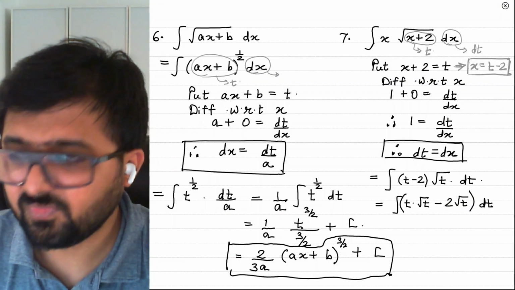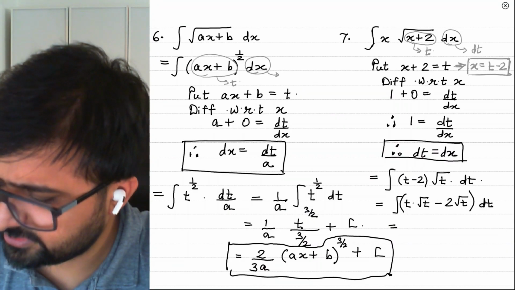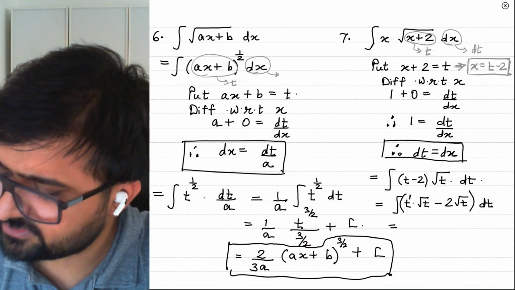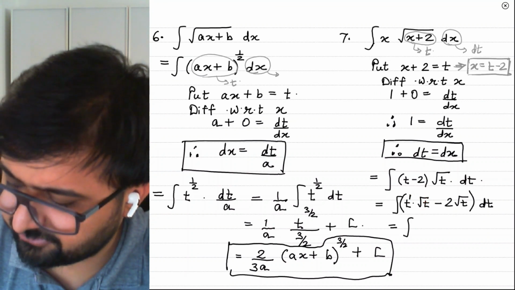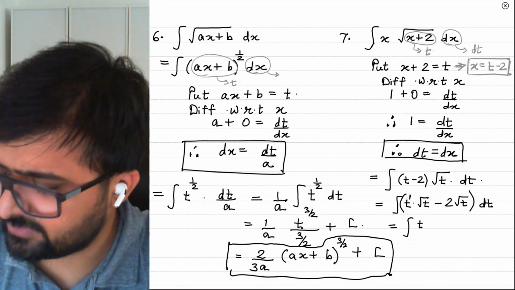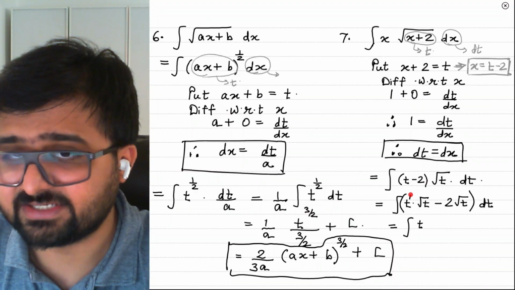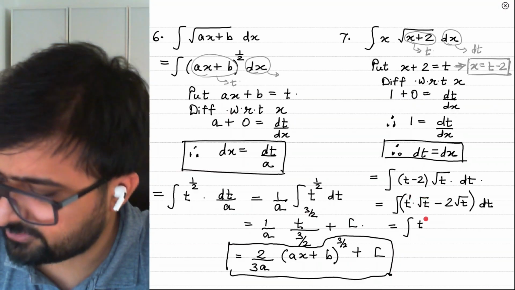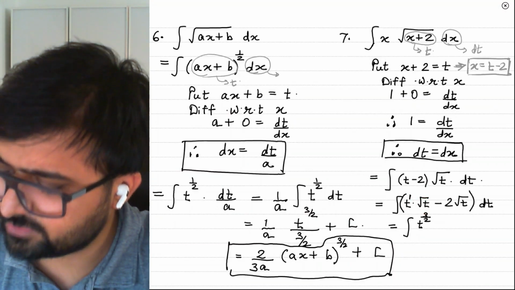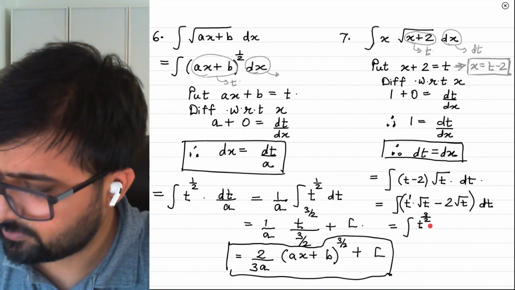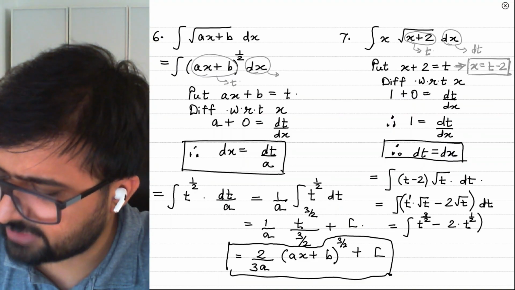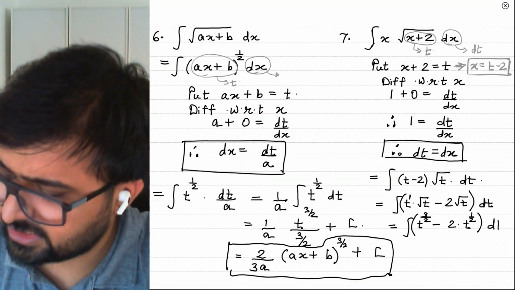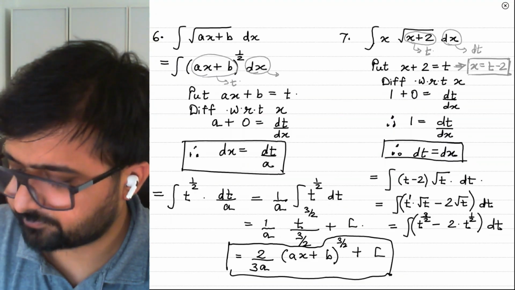Okay. Now we can simplify this further by law of indices. We know t to the power 1 and this is t to the power half. If the base is same, the power gets added. So t to the power 1 and t to the power half will become t to the power 3 by 2, minus 2 times square root of t, which is t to the power half, and you get dt.